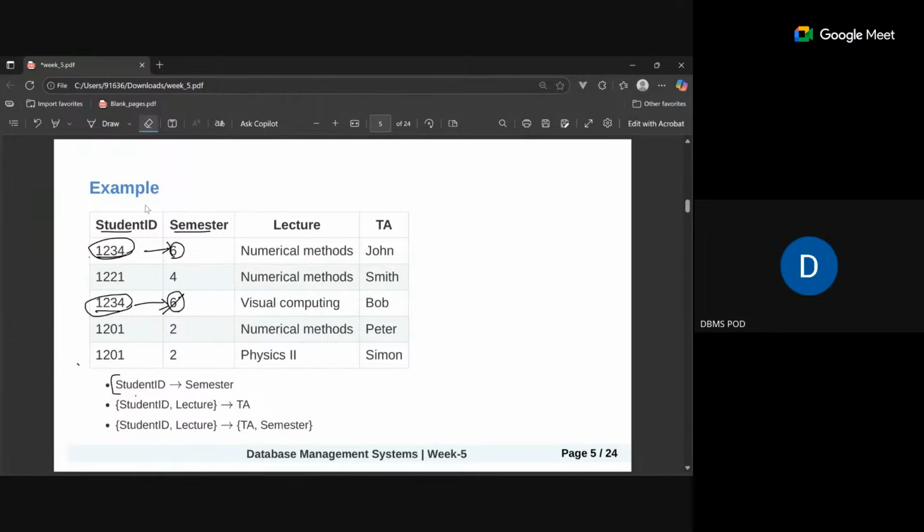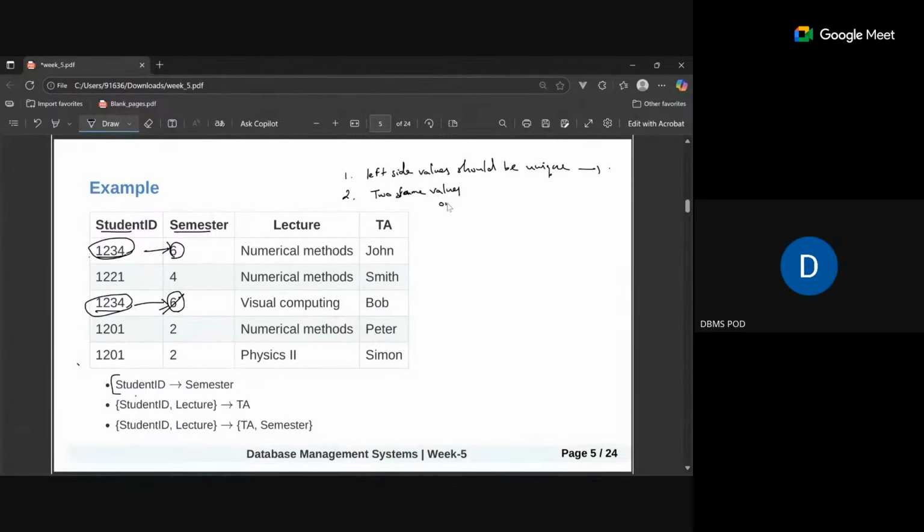Is it clear or not? First thing is left side value should be unique, right? This is the first condition. If it's not satisfying, go and check two same values, or two or more, anything it could be.